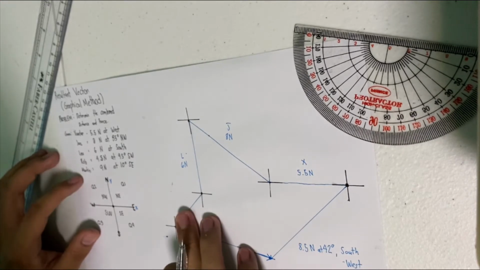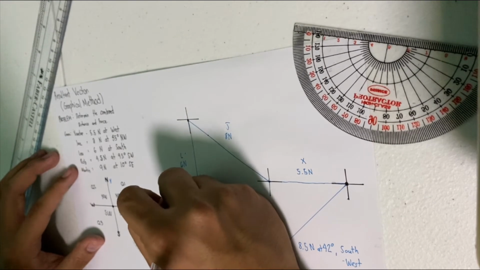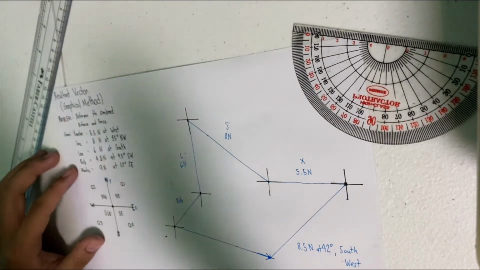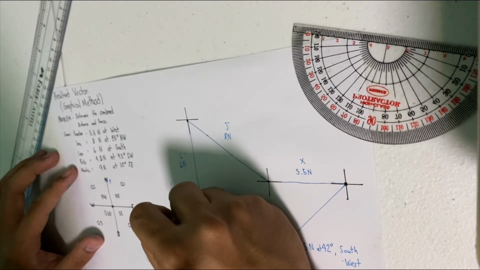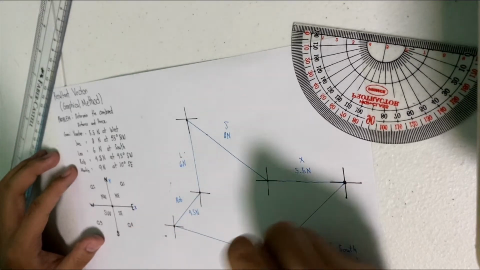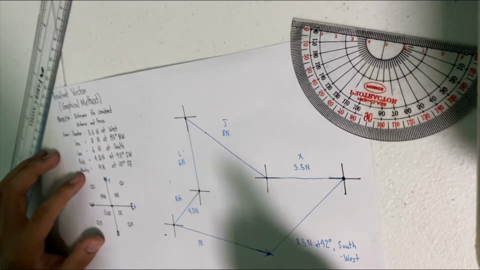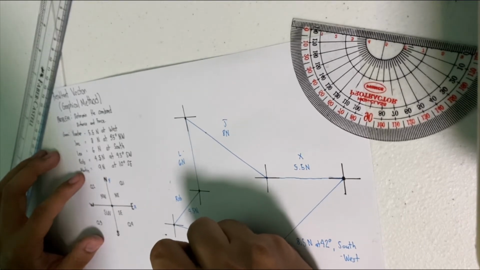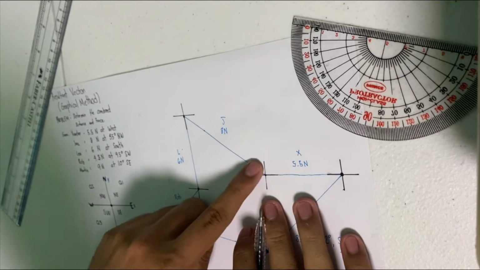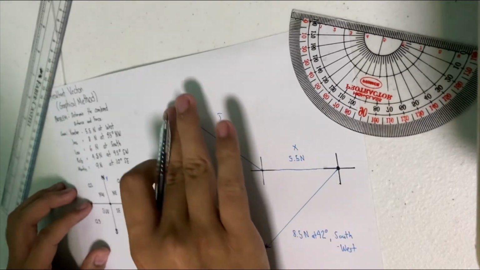For here is Rob, 4.5 Newton. Here is Martin, 9 Newton. For this, you can put the angle here.